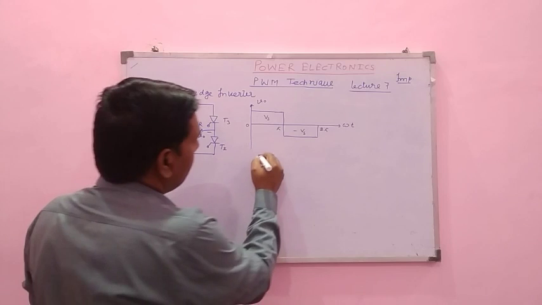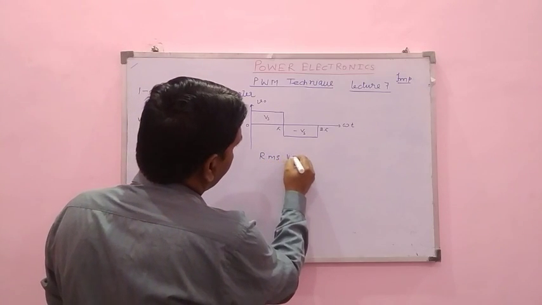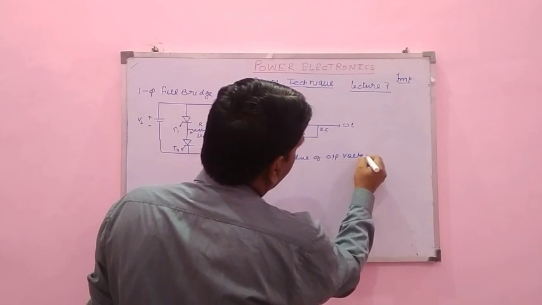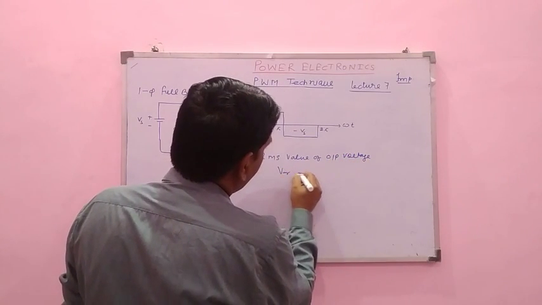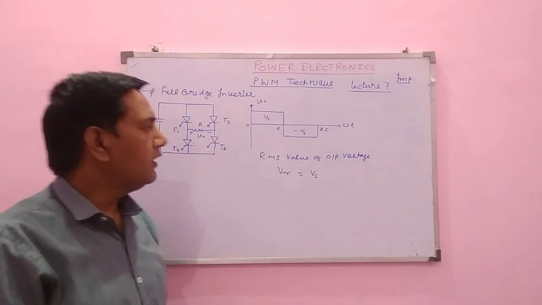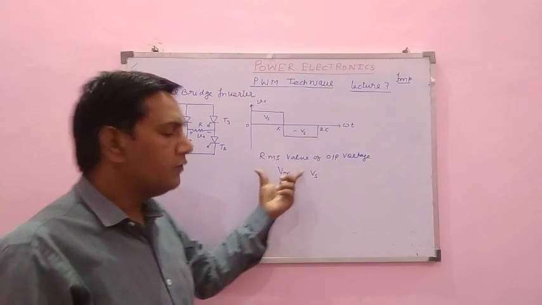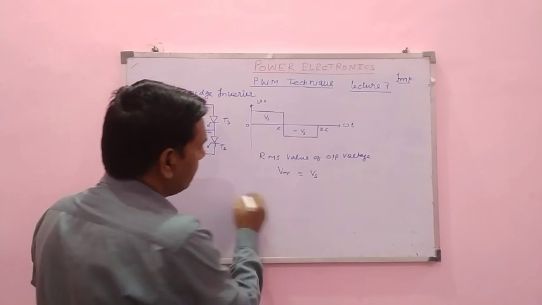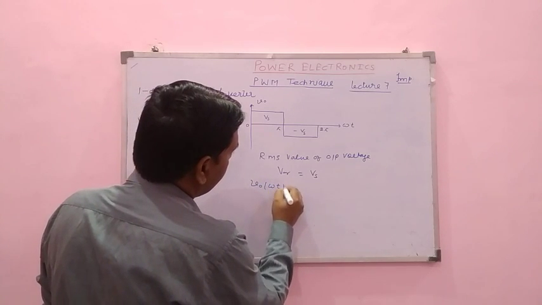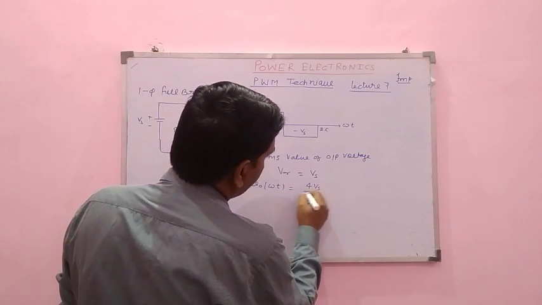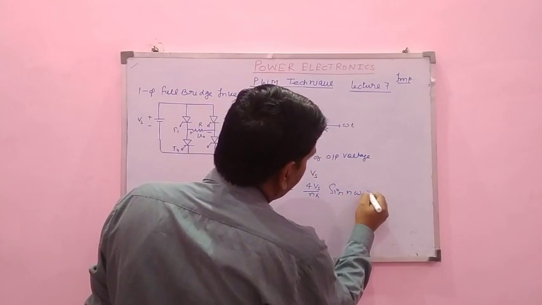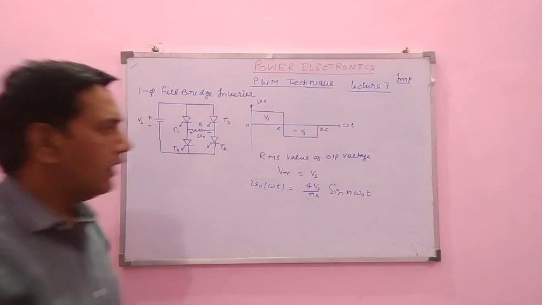The RMS value of output voltage V naught R is equal to Vs, and to find the fundamental voltage and fundamental current we have derived the Fourier series expression for output voltage as a function of omega t, that is 4 Vs upon n pi and sine n omega naught t.